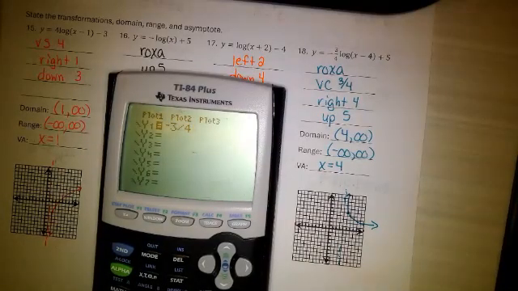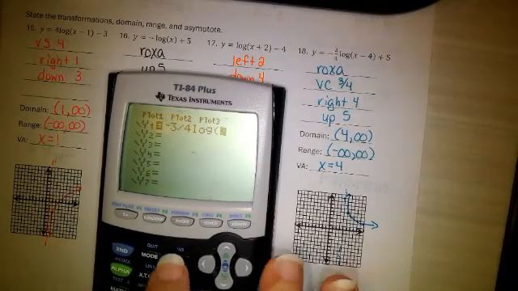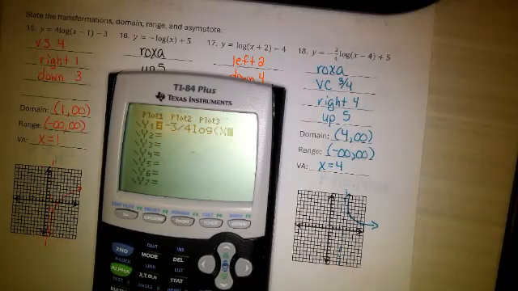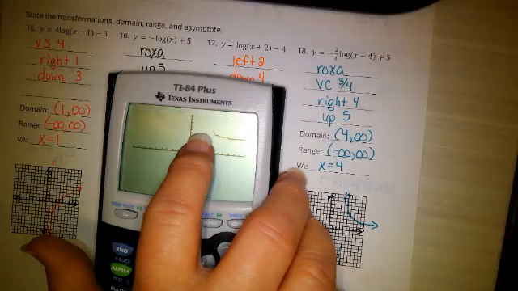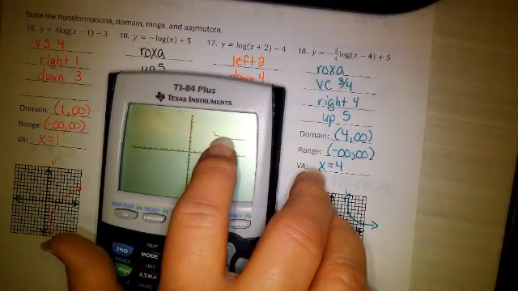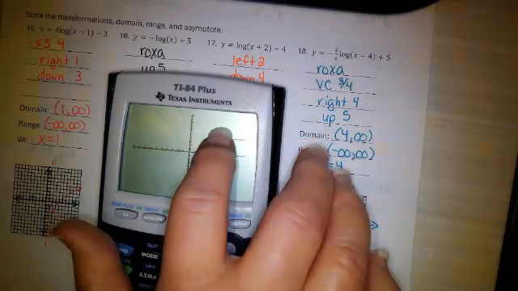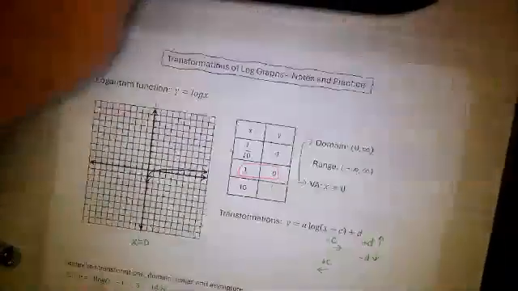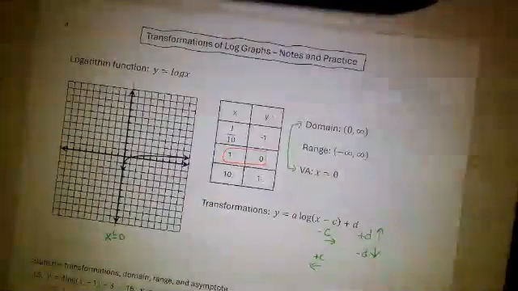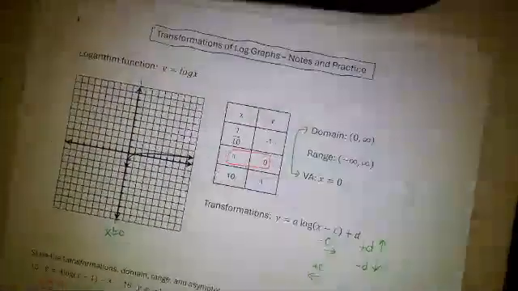Negative 3/4 log of x minus 4, close the parentheses, plus 5. Now see how it looks like it stopped? But we know it doesn't stop, it keeps going. So don't be thrown off by the calculator there. All right, you go ahead and do some practice on these, and we are done with our notes for now.